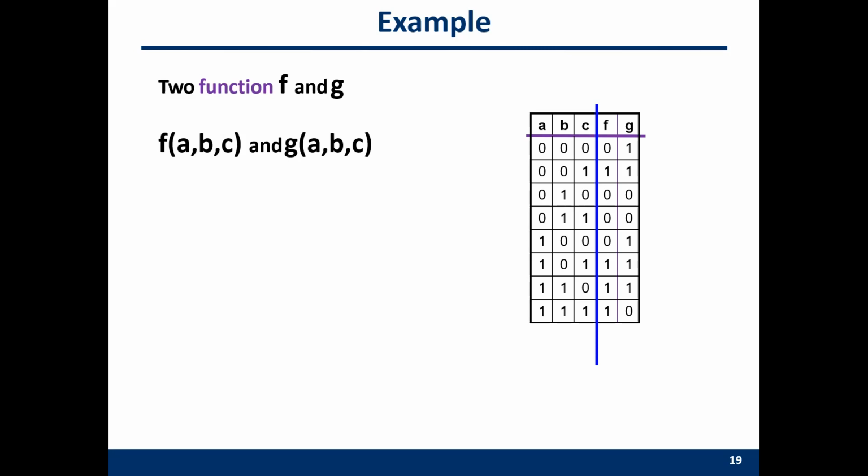For the first 3 columns, these are the input variables A, B, and C. For the last 2 columns, we have the output of f and the output of g. Because we have 3 variables, we have 2 to the 3, which is 8 input combinations.